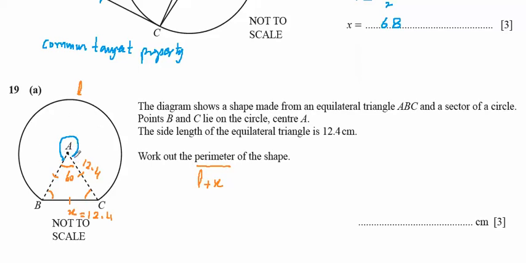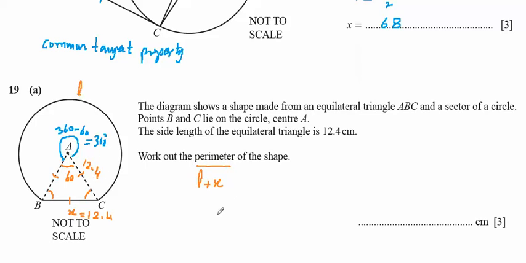We know that the total angle is 360, so this angle will be 360 minus 60, which is equal to 300 degrees. So we have a major sector with an angle of 300 degrees and the radius is 12.4.